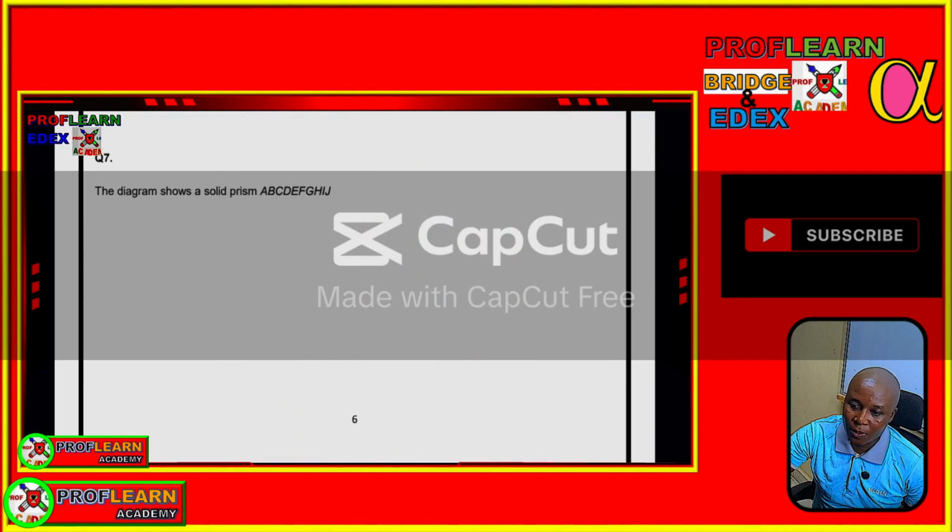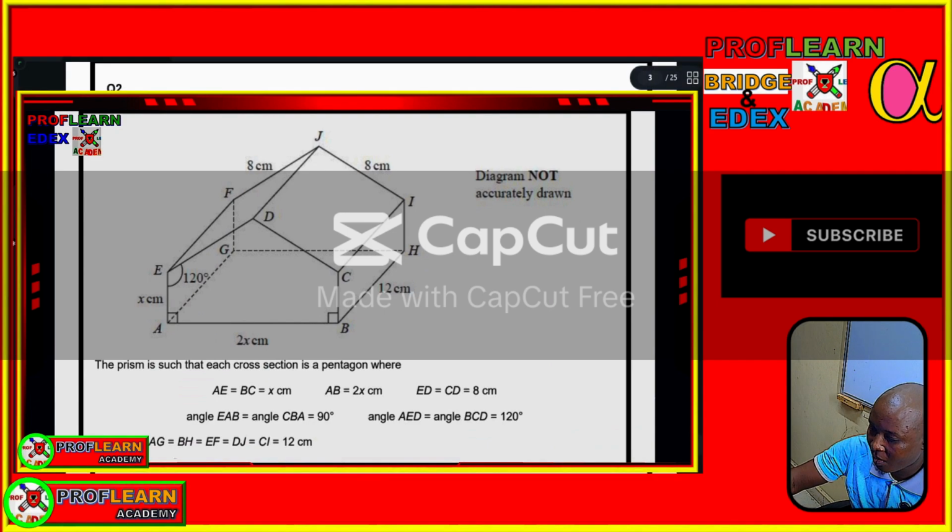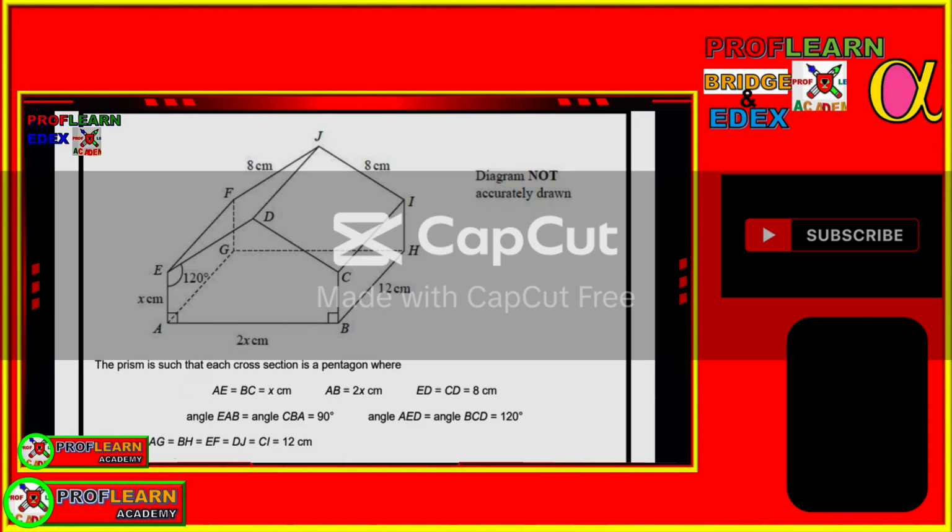The diagram shows a solid prism, and this is a 3D figure. We are supposed to work out the angle formed by AJ and the base ABHG.